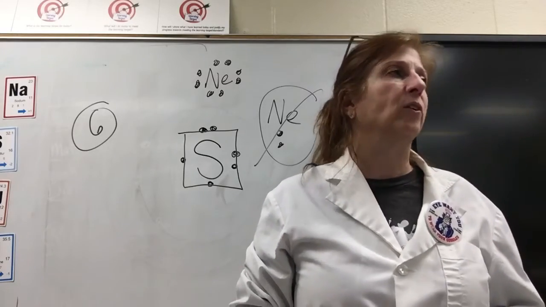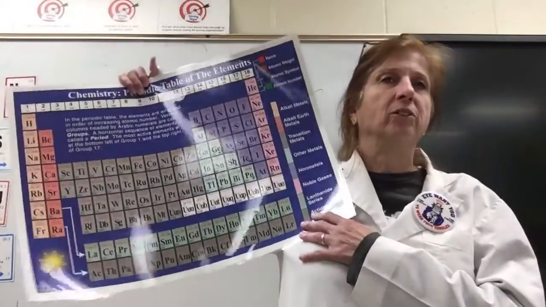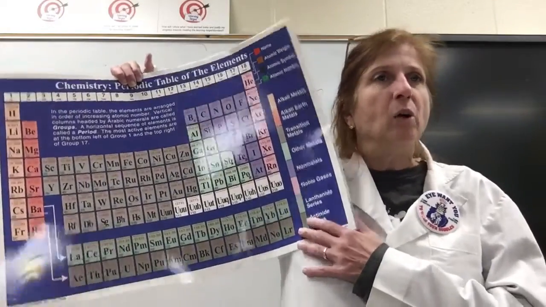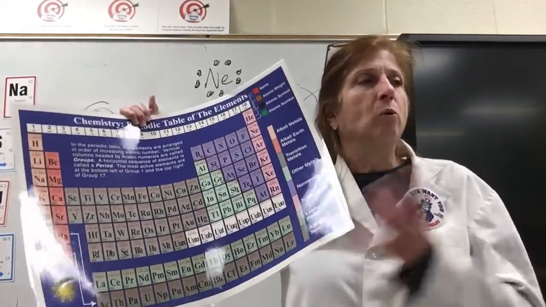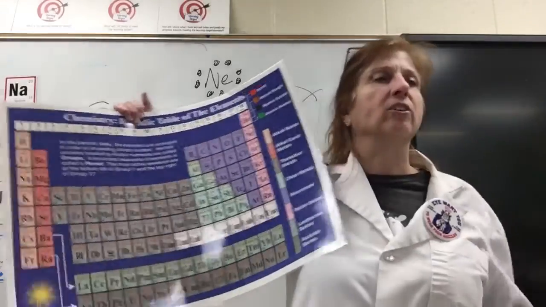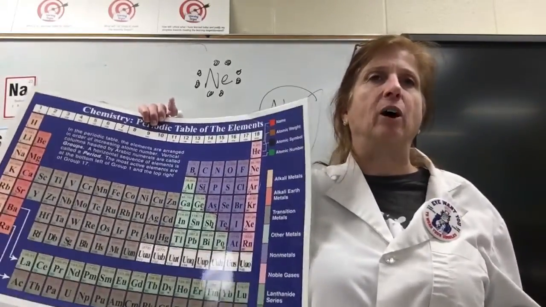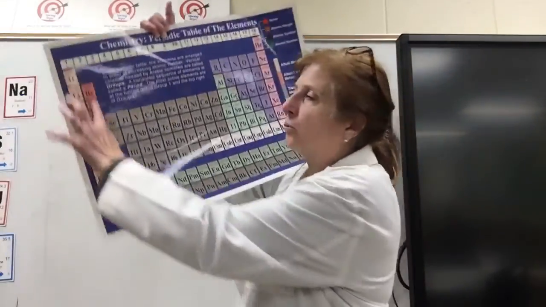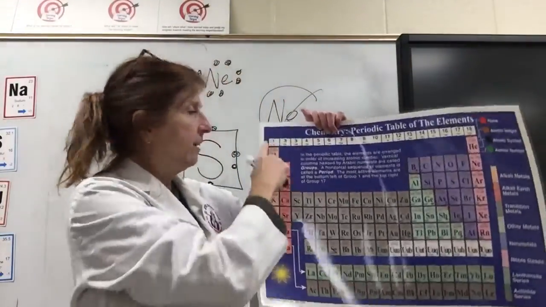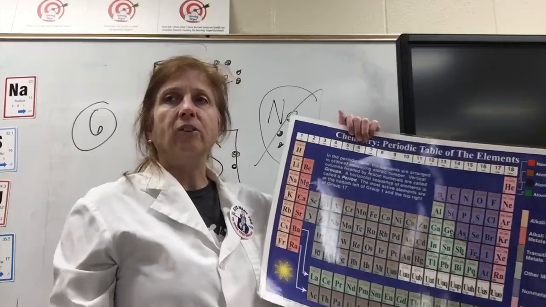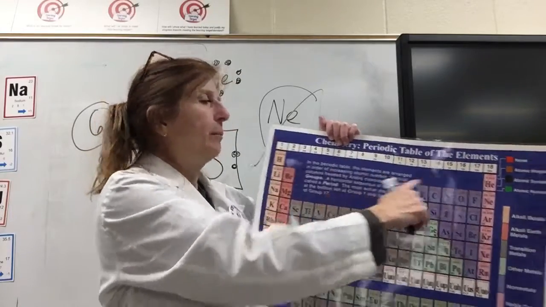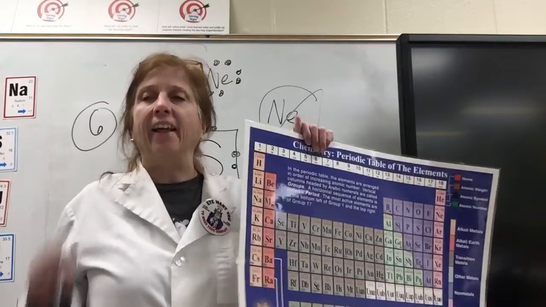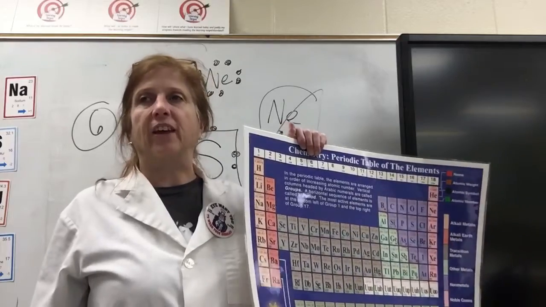Okay, now I'm going to show you a shortcut way to do this, where you don't have to do the Bohr model first, and you get to use the periodic table. Remember, the periodic table reflects the patterns that are in the elements, and this is how it works. You start on its row, over here on this side with the alkali metals, and you count how many squares over it is, and that's how many valence electrons it has.